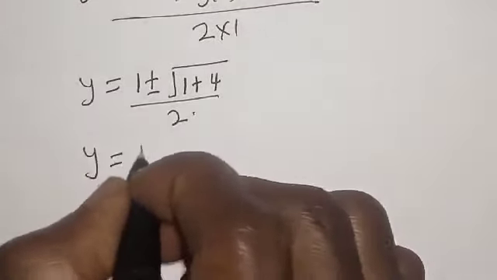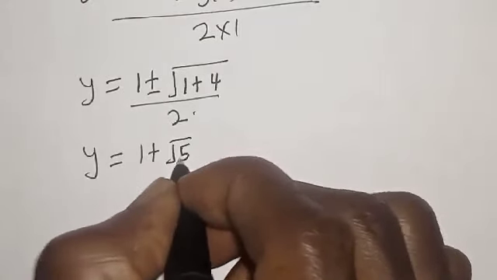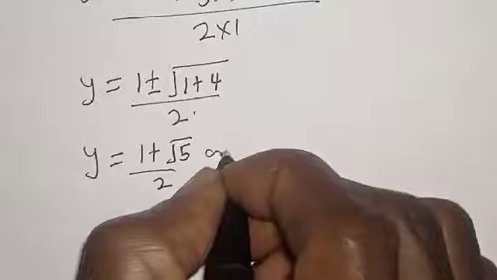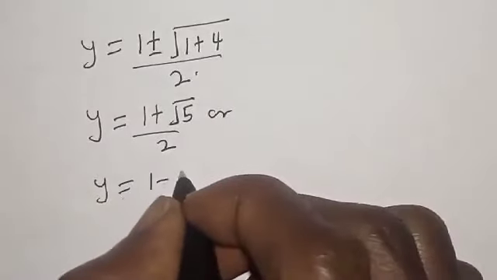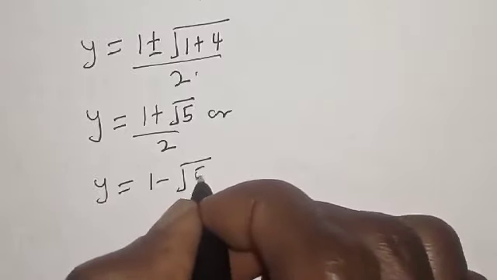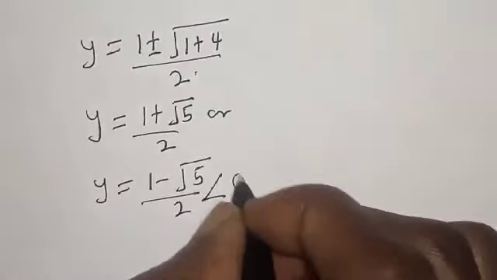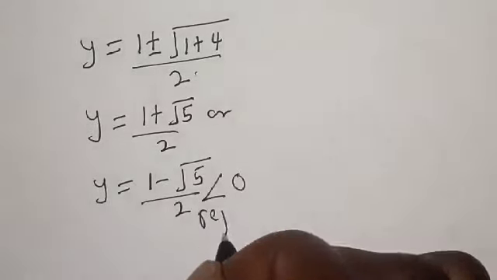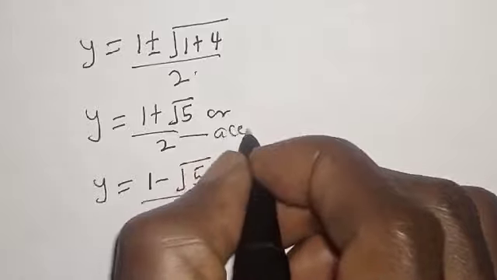Y is equal to 1 plus square root of 5 over 2, or y is equal to 1 minus square root of 5 over 2, and this is less than 0. We reject this and accept this.